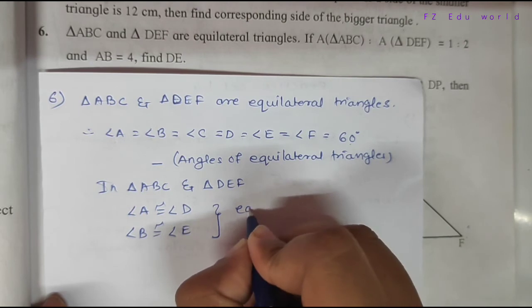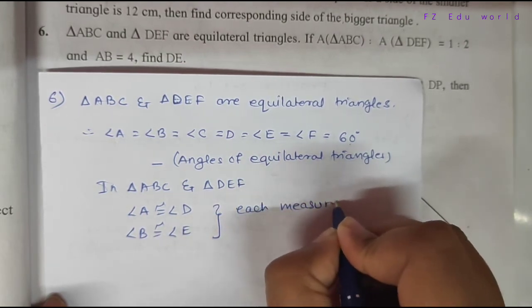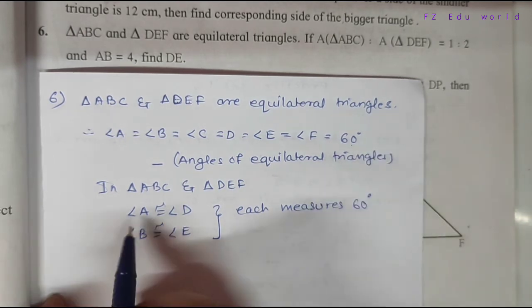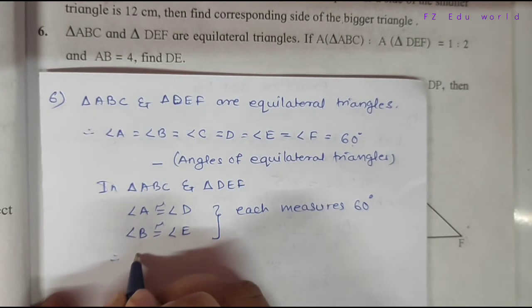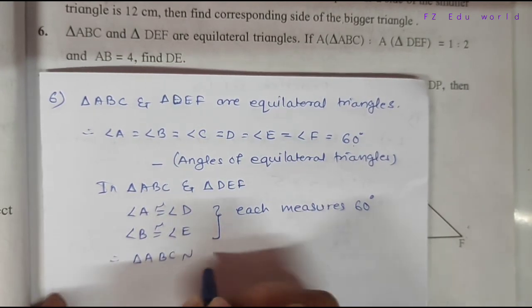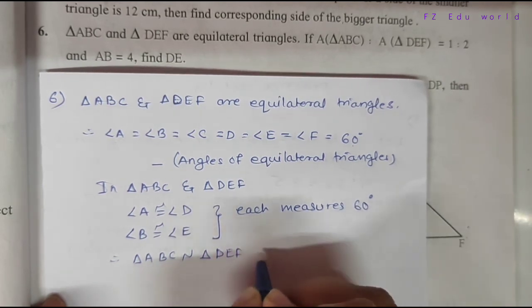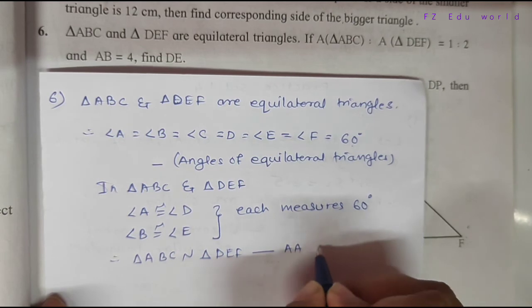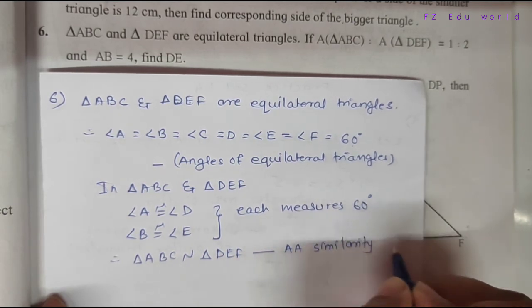Each angle measures 60 degrees. Therefore, triangle ABC is similar to triangle DEF by AA similarity test.